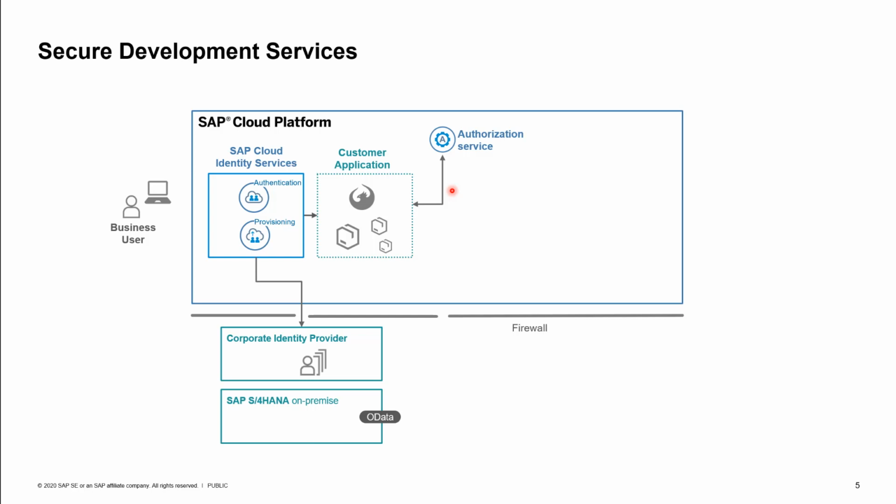The authorization service adds then authorization information and transforms the SAML token into an OAuth token. And this OAuth token is then used to access your microservices. And also if your microservices call another microservice, this is also done via an OAuth token.